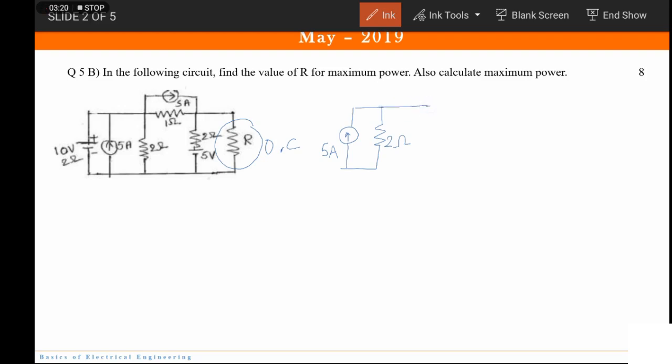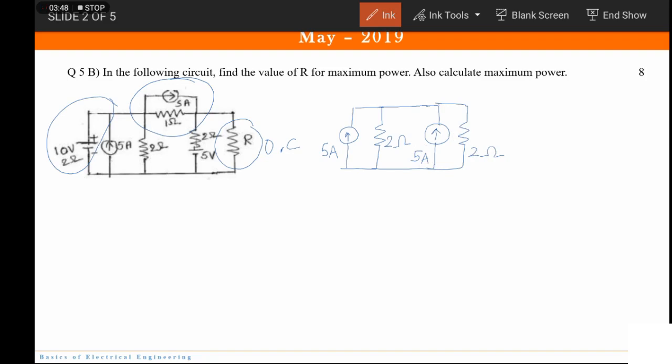Further, I have a resistor. Yes. Then I have another current source of 5 ampere, right? We had actually replaced these two. So this 5 ampere will remain as it is and 2 ohms.